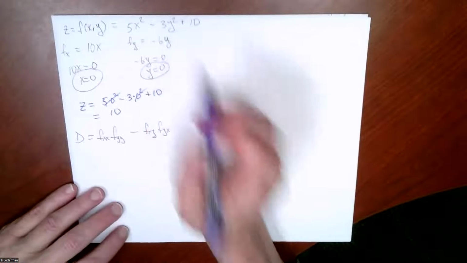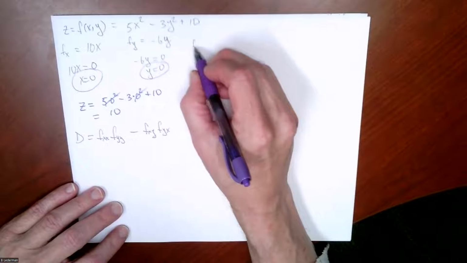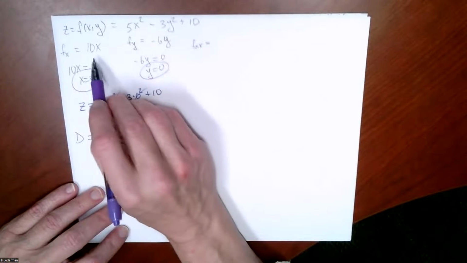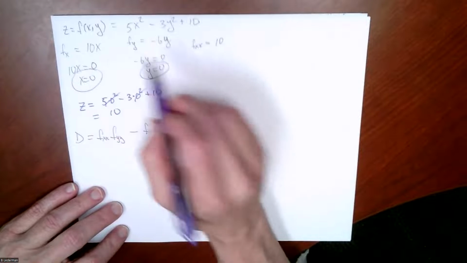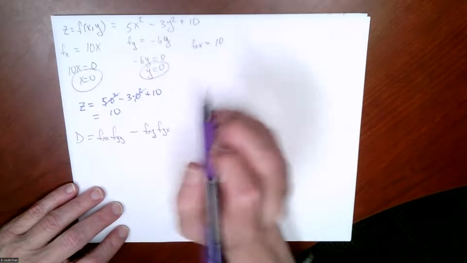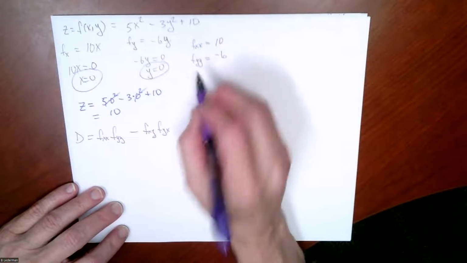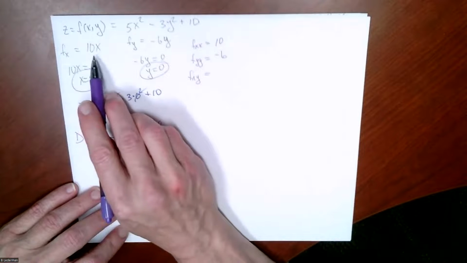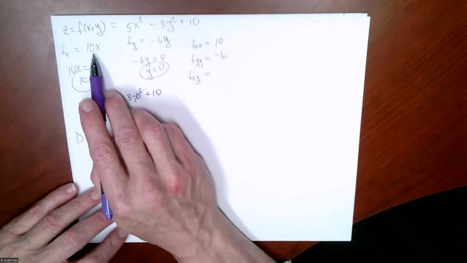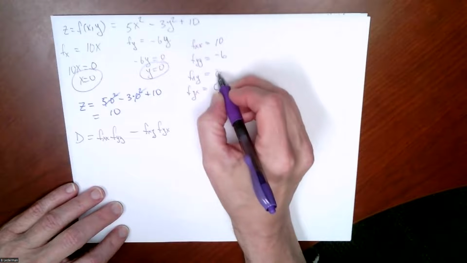Let's find fx, fy, fxx, fyy. fxy is just going to be zero, because if I take the derivative of this with respect to y, it's just a constant. So this is zero, and fyx is also going to be zero.